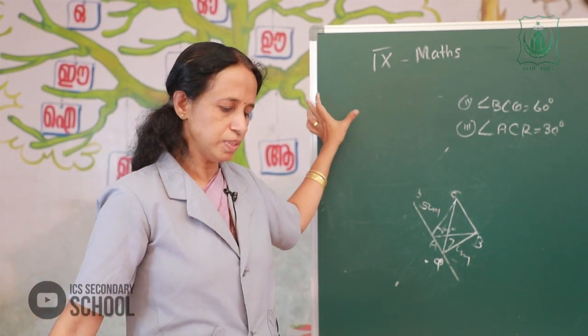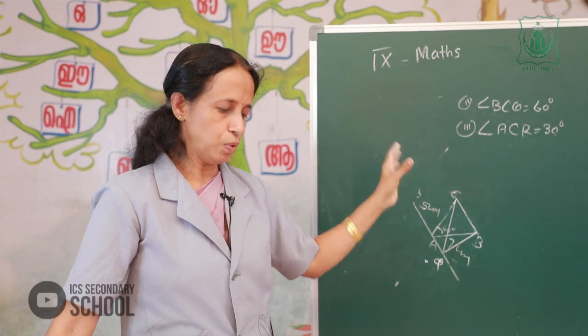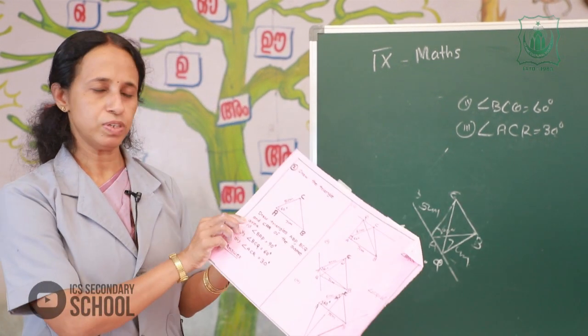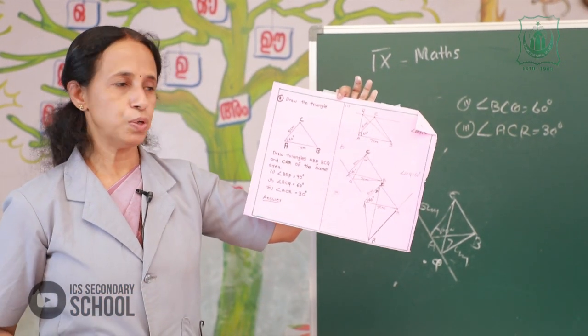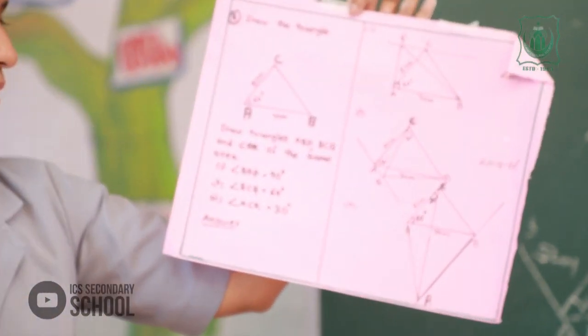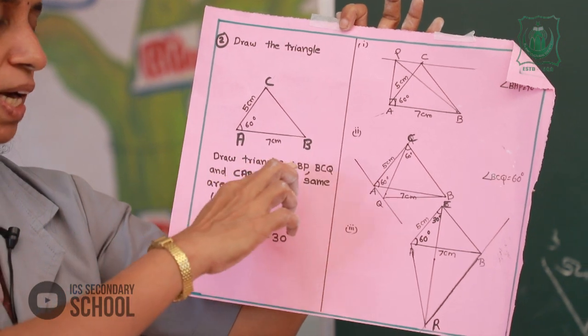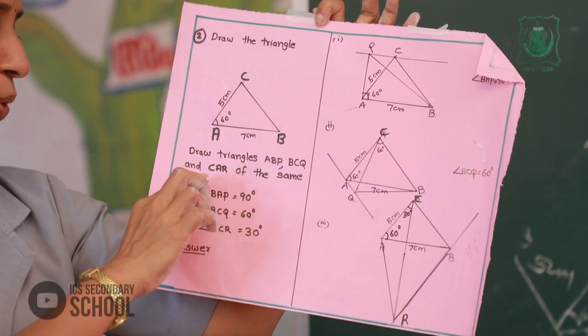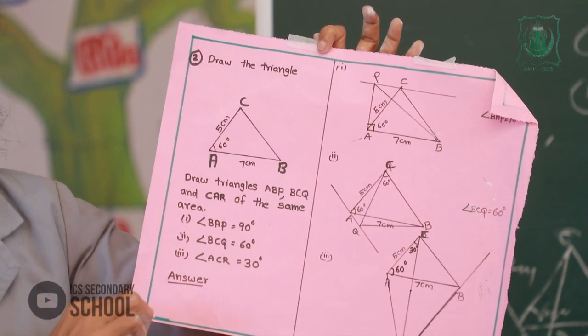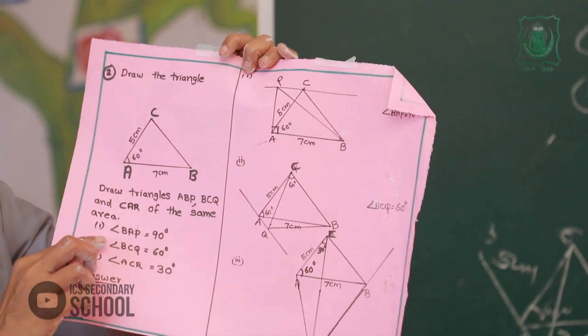Please note the question. First draw the triangle. Draw the triangles ABP, BCQ and CAR of the same area as triangle ABC.